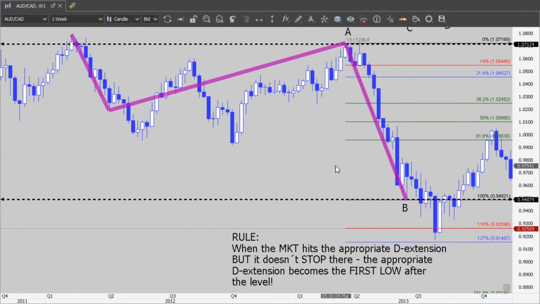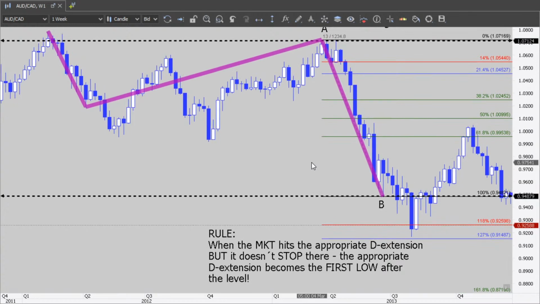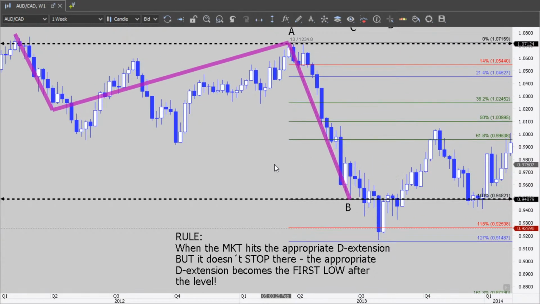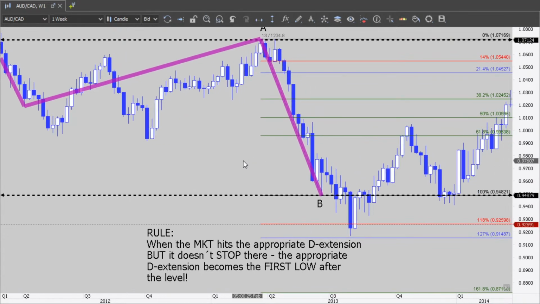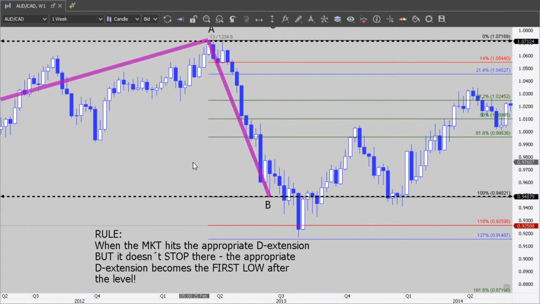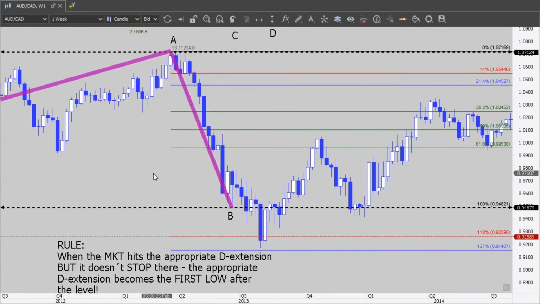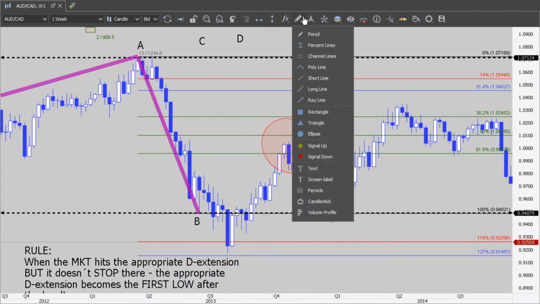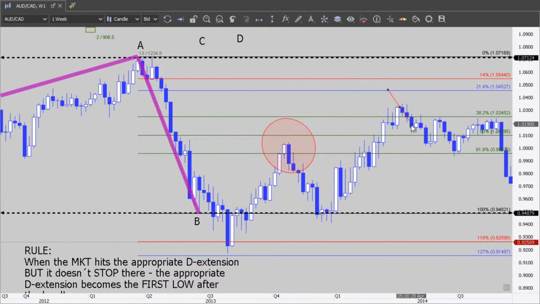Then we are looking at the chart, everybody, monitoring the chart. Okay, there you go. Which one is the C, everybody? Is the first circle the C, or is the second circle the C?